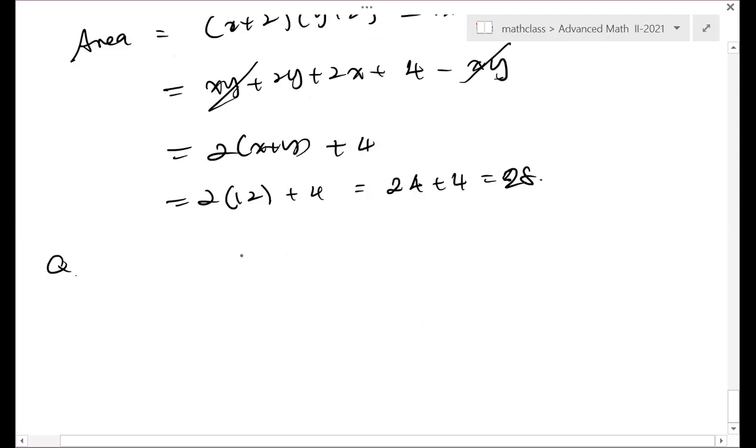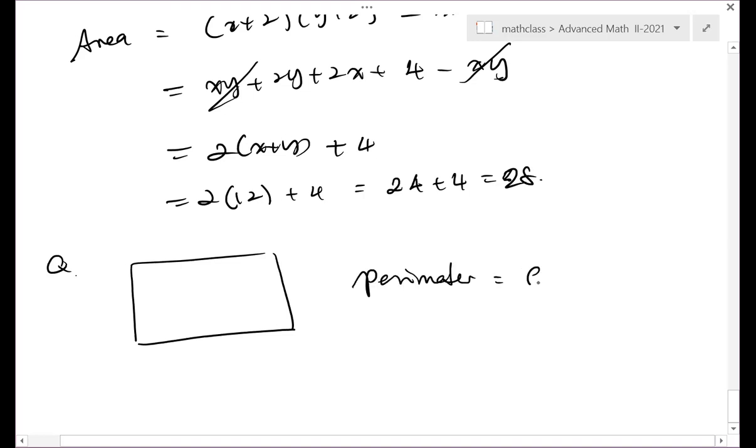Okay, so the next problem here is this is a rectangle. I know the perimeter is going to be 80 units. Okay, area is going to be 391 square units. My question is, how long is the longer side of the rectangle?